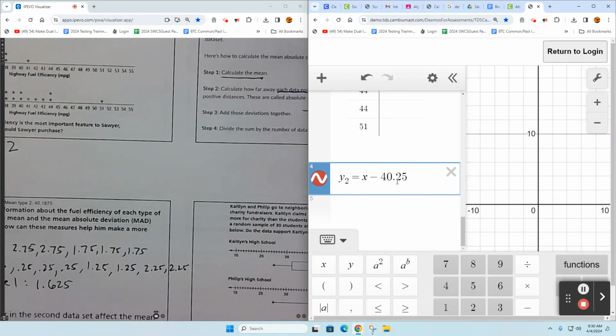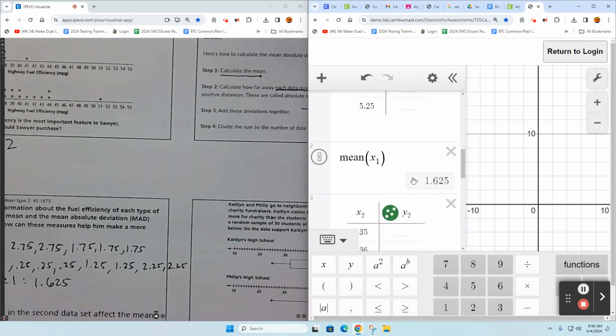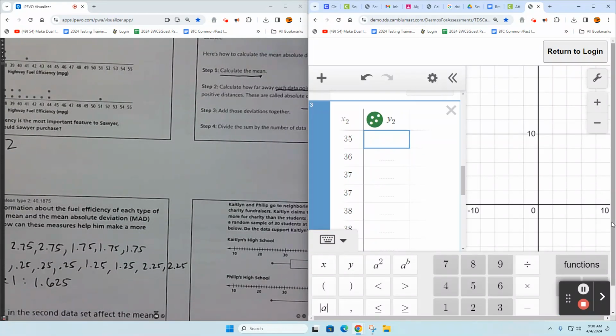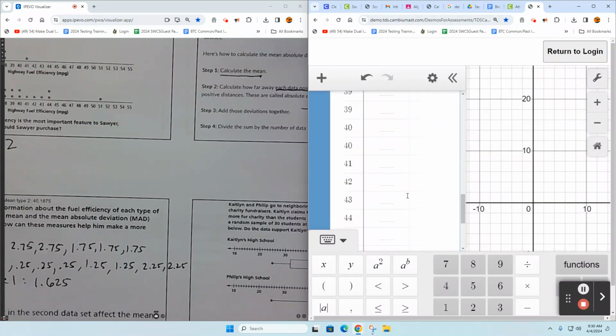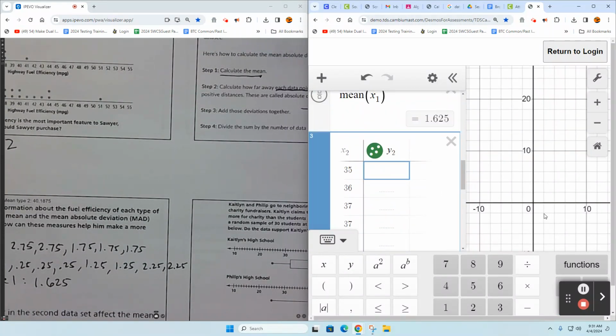Okay. So we have to figure out how far away these numbers are from 40.25. How far away is 35 from 40.25? Say again. 5.25. How about this one? 4.25.